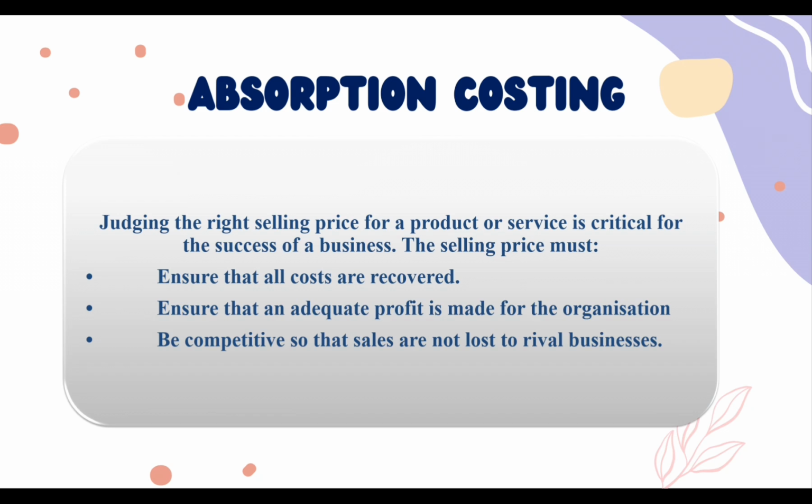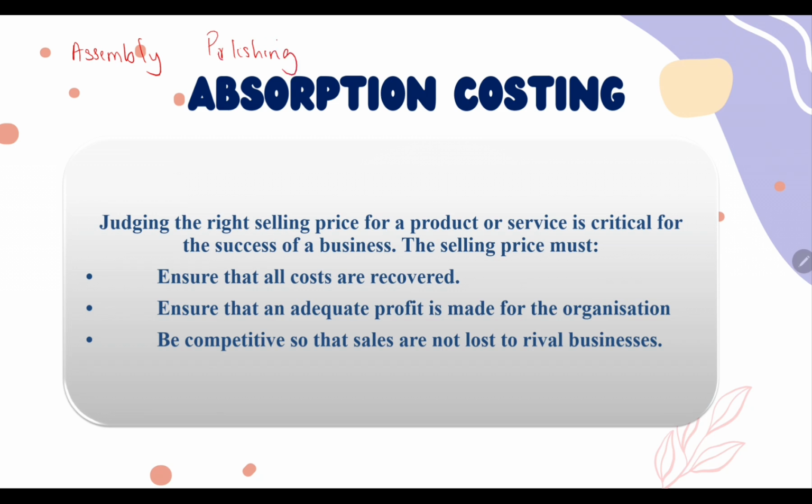So absorption costing comes into the manufacturing account with overheads. If you remember, I was talking previously about a company that produces tape. One area can be responsible for assembling, and another area for polishing.